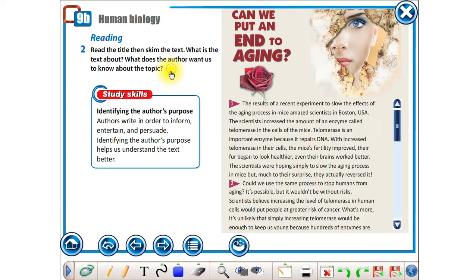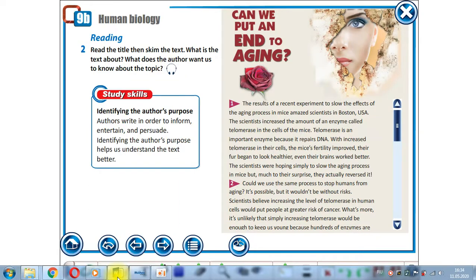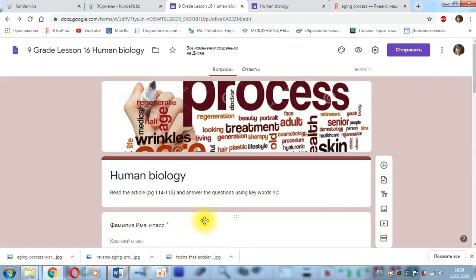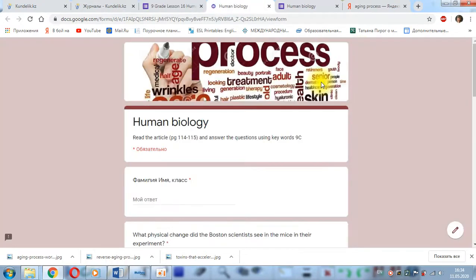Okay, so boys, girls, please now read this article once more, and in your lesson plan you can find the link to the Google form where you need to answer 7 questions. Okay, let's have a look. Here you see this Google form.